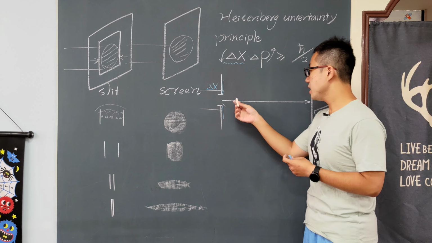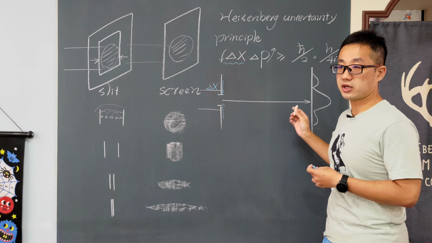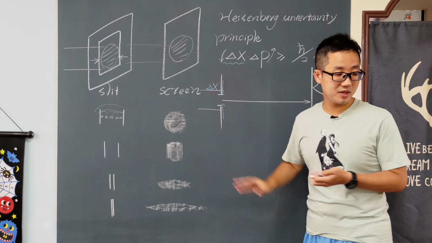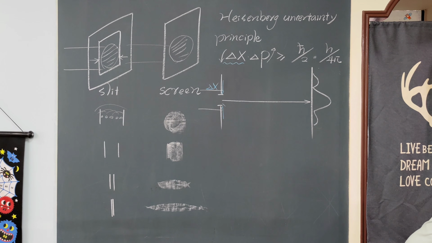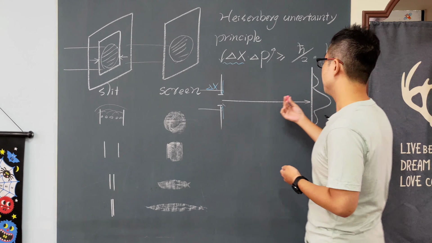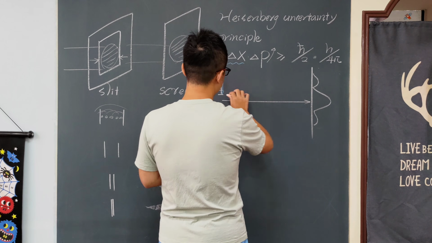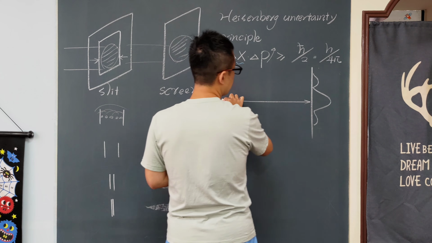So originally, you should hit the wall in a horizontal direction, but since you are decreasing delta X, that means you are enhancing delta P. So the particle could possibly hit other places like this.